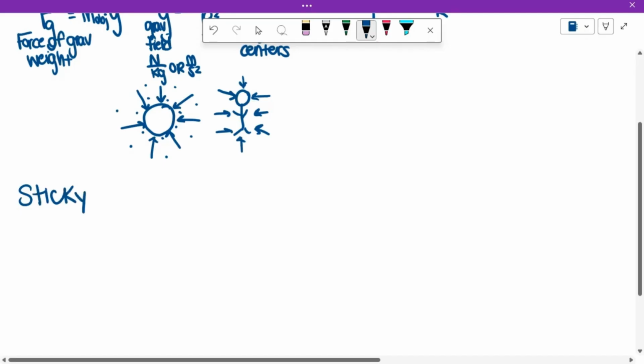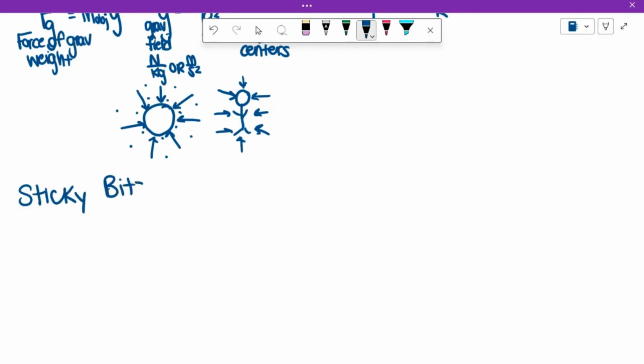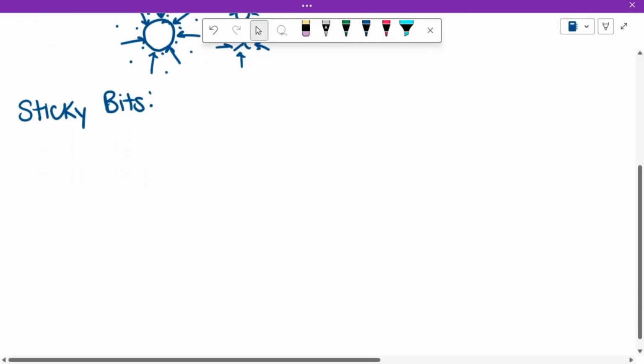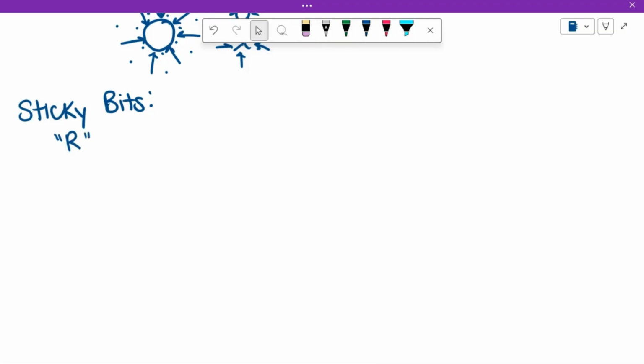By sticky bits, I mean things students tend to mess up a lot, or some challenging questions. This is something that might come up in the concept builders. Usually they'll say a planet with radius R has a g on the surface of, let's say, 10.